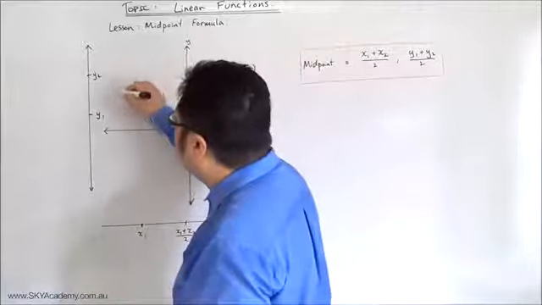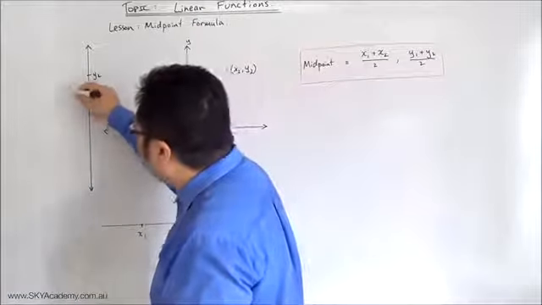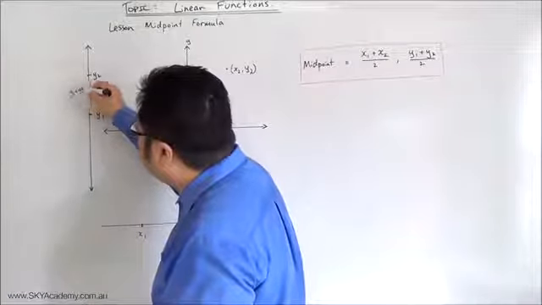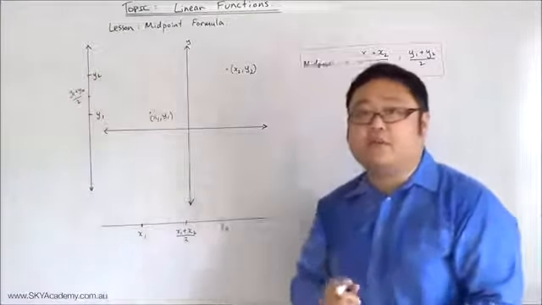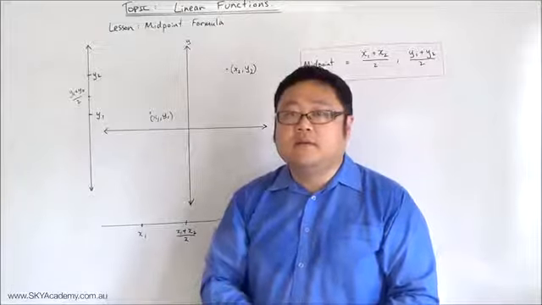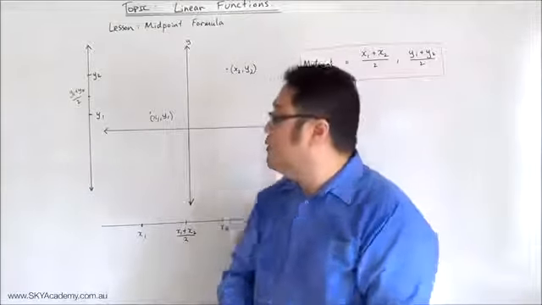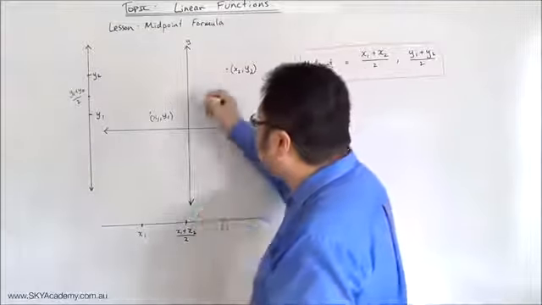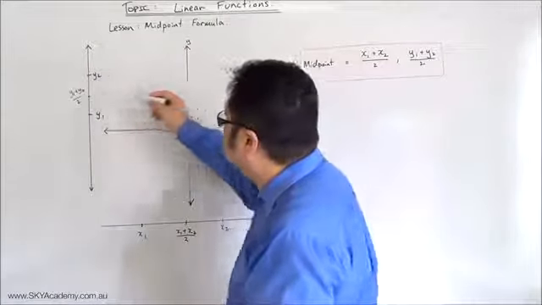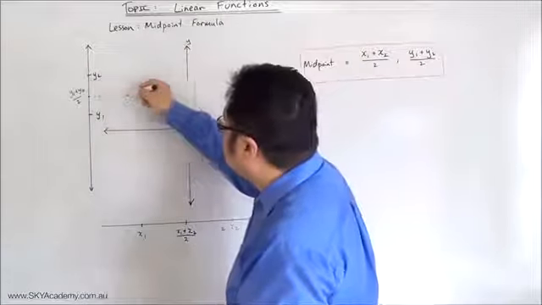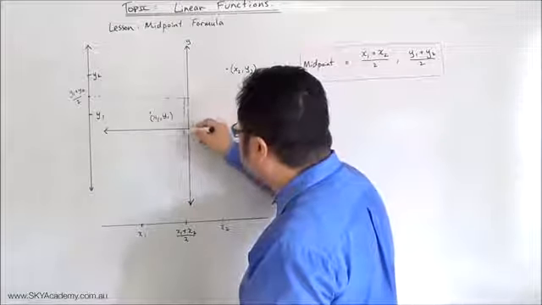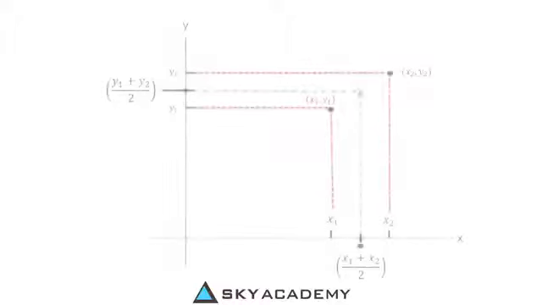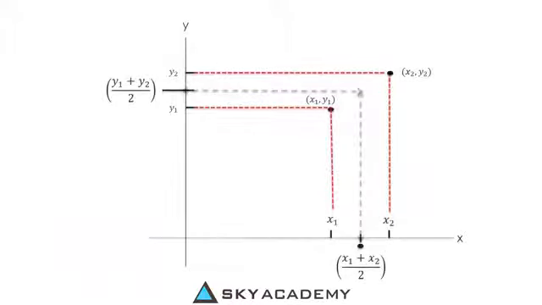So it would be y1 plus y2 all over 2, the midpoint or the average between the two. Does that make sense? So the midpoint would be where this point coincides with this point, in this case it's this point. Does that make sense? And that would be the midpoint between these 2 points.